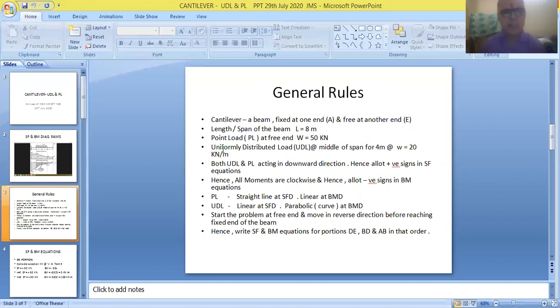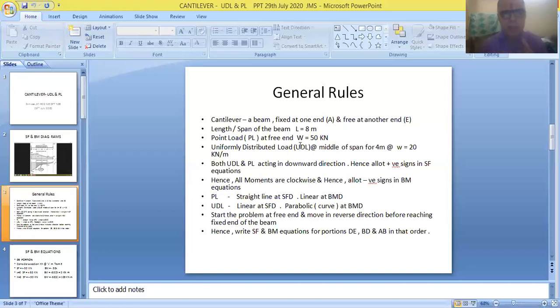Secondly, we have talked about the point load acting at the free end of the beam. Capital W must be used for indicating point loads, and small w must be used for indicating uniformly distributed loads. Here the point load is given as 50 kilonewtons.